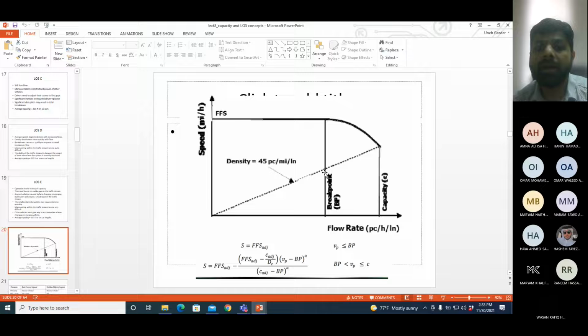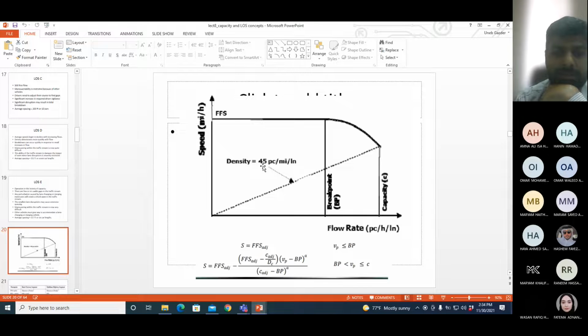So I need an equation for the curve, when the flow is more than BP. When the flow is more than BP, the speed can be calculated using this equation. So this is the equation for the curve part of the graph. Now you can see in this equation I'm using free flow speed, and DC. DC stands for density at capacity, which is 45.